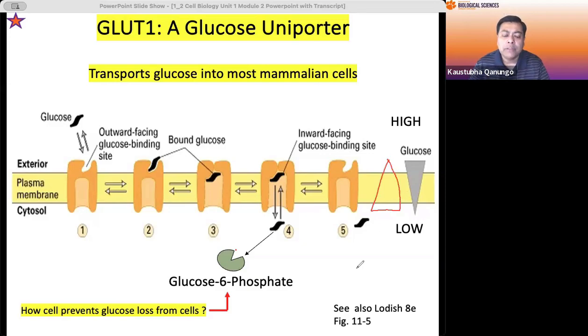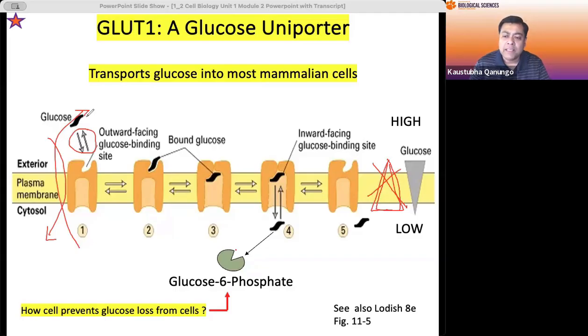How does the cell prevent this condition, because the uniporter works both ways? Remember that the uniporter works both ways. That means they are used to bring glucose in here. But if the concentration is reversed like this, they will move material from inside to the outside.